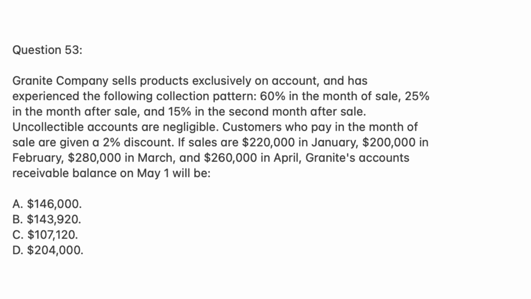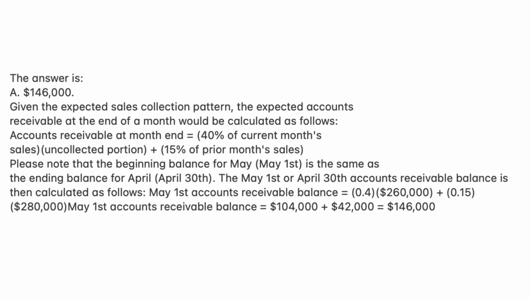If sales are $220,000 in January, $200,000 in February, $280,000 in March, and $260,000 in April, Granite's accounts receivable balance on May 1st will be A. $146,000. B. $143,920. C. $107,120. D. $204,000. The answer is A.